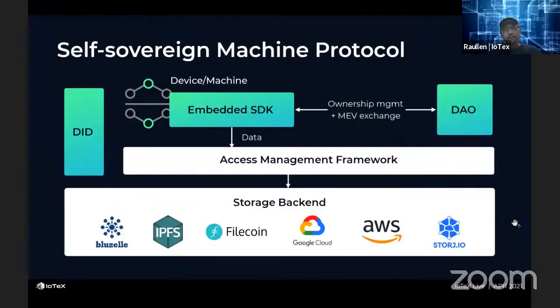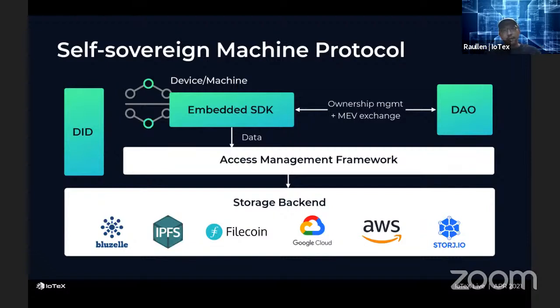This is the most interesting part we built on top of the blockchain. It's called the self-sovereign machine protocol. It has different components. We have decentralized DID for machines and their owners. We have an embedded SDK, which runs on top of the machine. And we have a DAO, which is a set of contracts to manage ownership and some MEV exchange definitions.